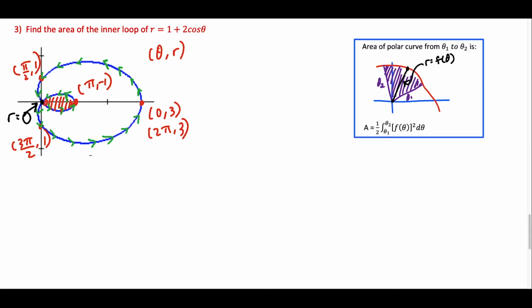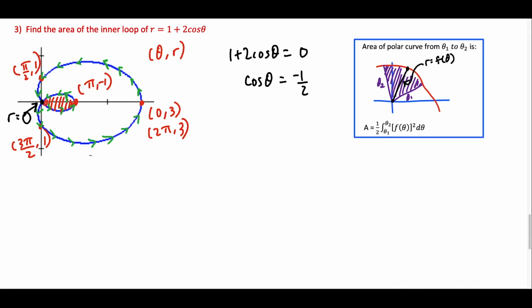But r is going to be equal to 0 twice: the moment it enters the loop, and then the moment it exits the loop. So we're going to set r, the 1 plus 2 cosine theta, equal to 0. And when we solve this equation, we're going to have cosine theta equals negative a half. And this is going to allow us to find the two values of theta.